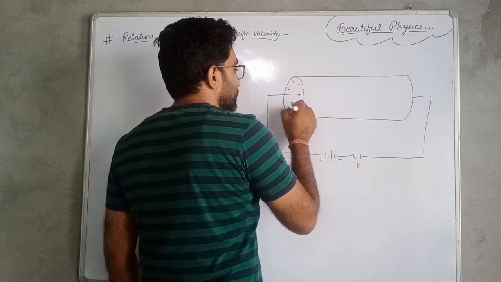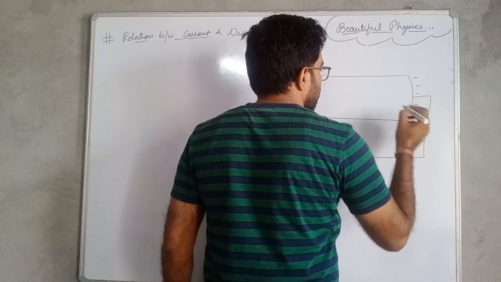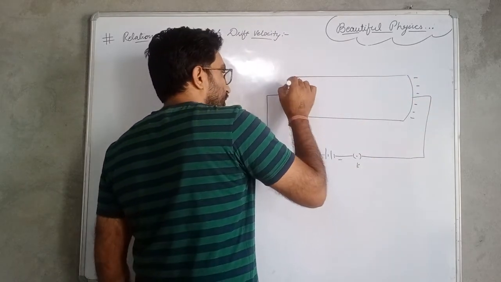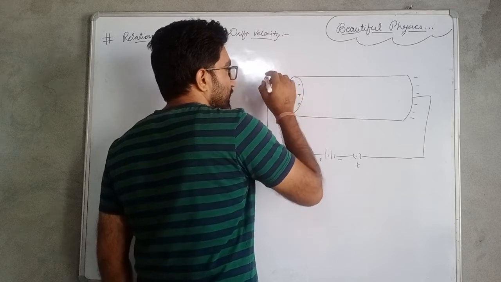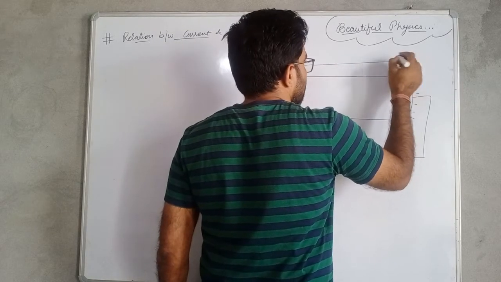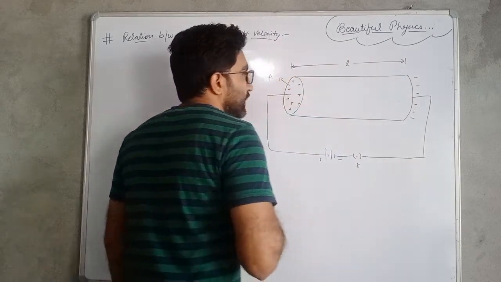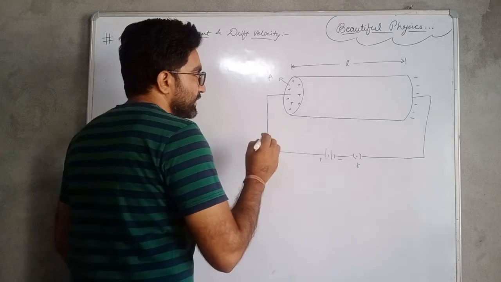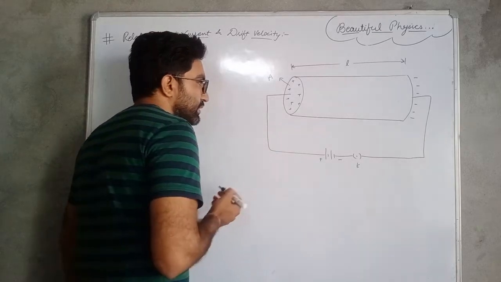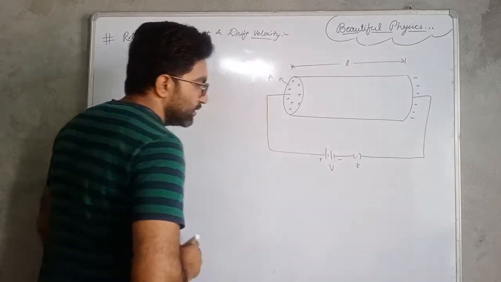This surface acquires positive potential and this one acquires negative potential. Suppose the area of cross section of the conductor is A, L is the length of the conductor, and E is the electric field applied, due to the potential V.